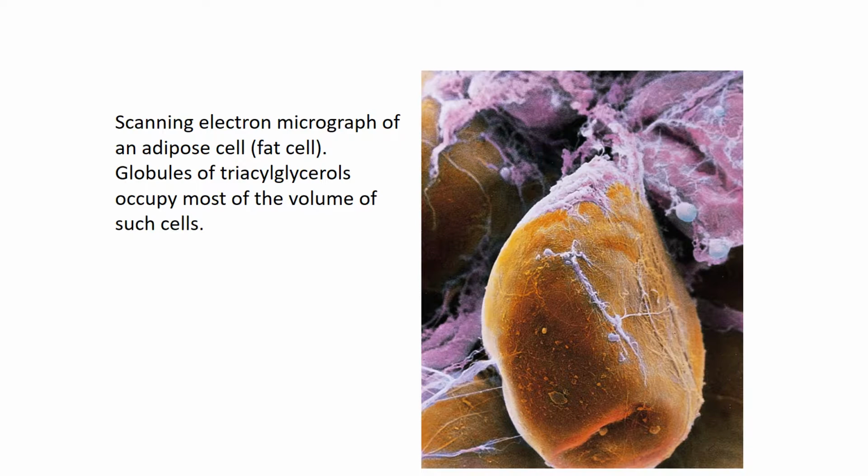For an average person of about 154 pounds, the stored metabolic fuel breaks down like this. You don't need to know these numbers, by the way. But fat, adipose tissue, available energy, 555,000 kilojoules.